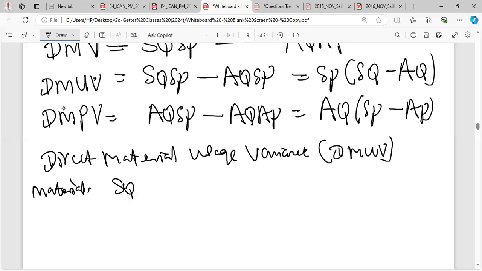When we say standard quantity is for actual production, then we look at actual quantities, then we look at variance, then we look at the selling price, then the variances again.